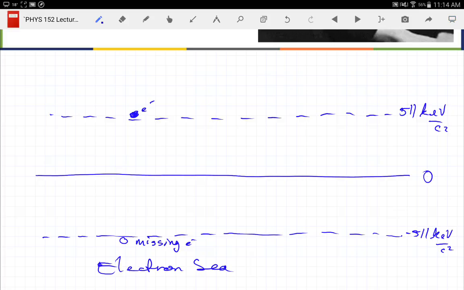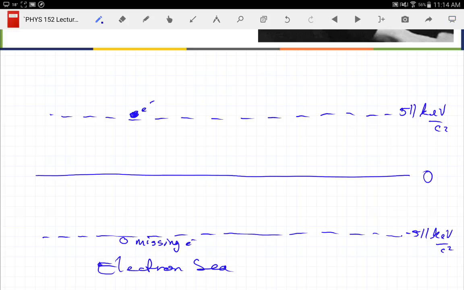And the photon, if it has the energy difference equal to the separation between those two dashed lines, can take an electron from the electron sea and excite it up into the free electrons that we see. I just use sea two different ways, S-E-A and S-E-E. And so when we talked about pair production, it's producing an electron and a positron.